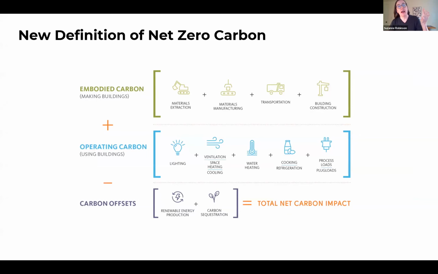And so that's looking at the embodied carbon of a building, the operational carbon, and then any offsets. And the offsets can be both for the operational side, but also for the embodied side. So that has your classic PVs, but then also you'll see here carbon sequestering. So I'll talk a little bit about that later, but the idea is being able to actually hold some of the carbon within the structure, within the building.